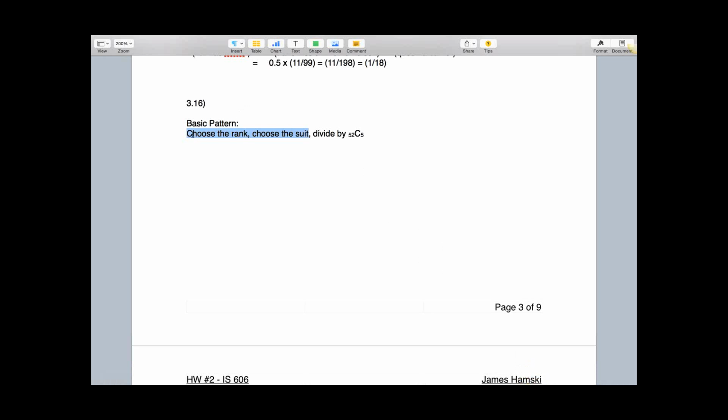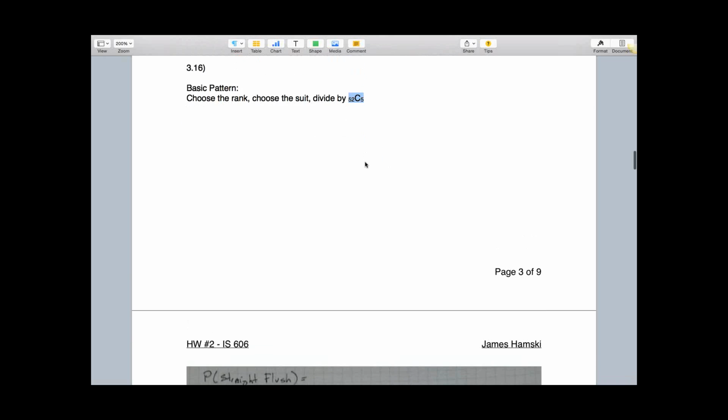And so the basic pattern is you choose the rank, then you multiply it by choosing the suit, and then you divide by the total number of hands. The total number of hands, if you're dealing out 5 cards like in poker, is 52 cards in the deck, and you're dealing out 5 of them.